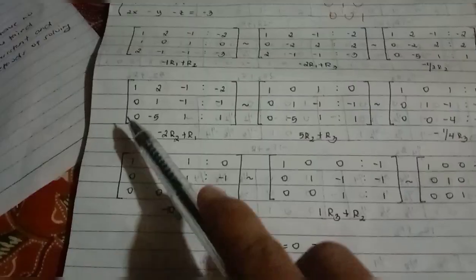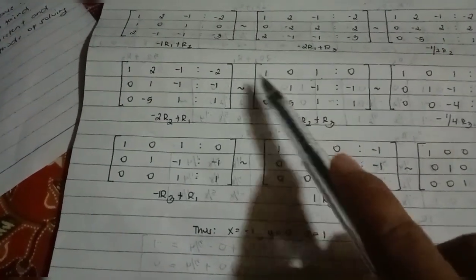The next goal is the second column. First, the goal is row 1. Negative 2 times 0 plus 1 equals 1. Negative 2 times 1 plus 2 equals 0.